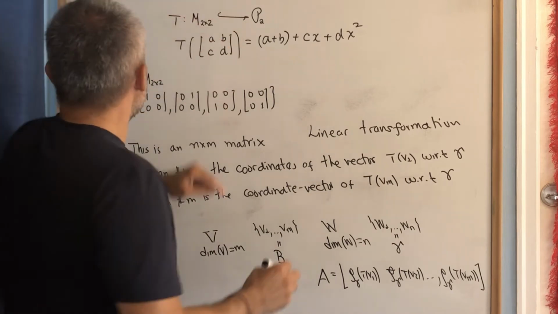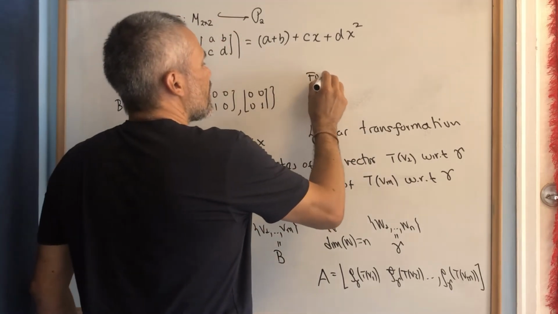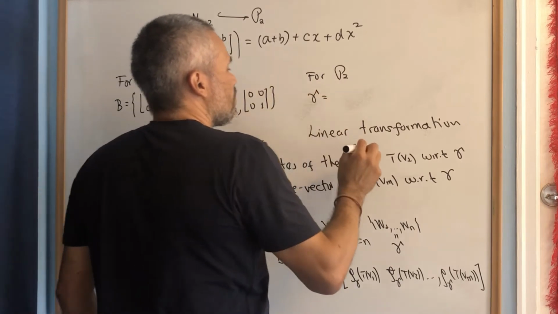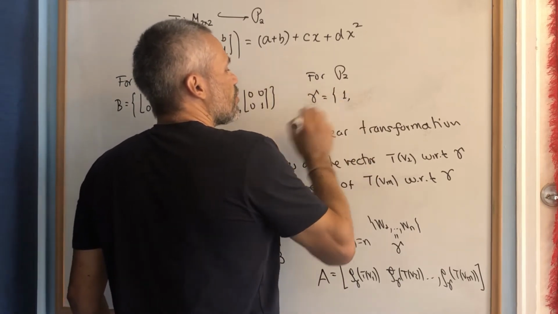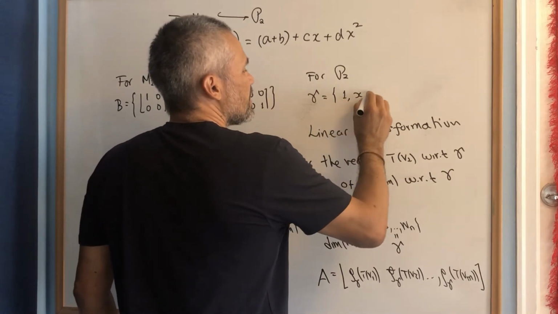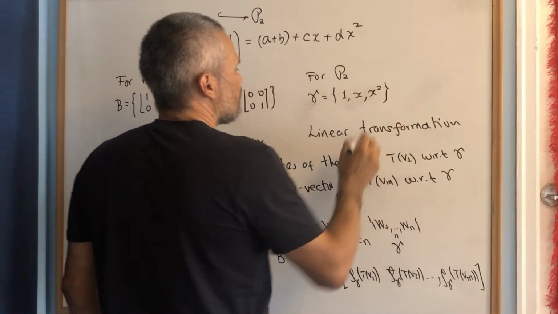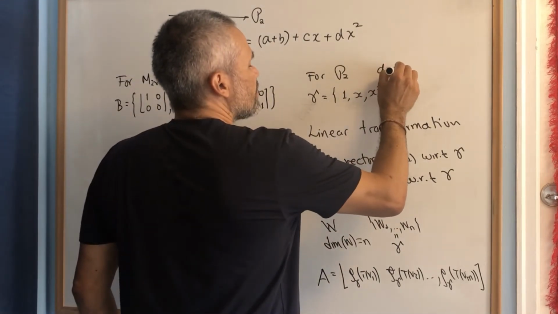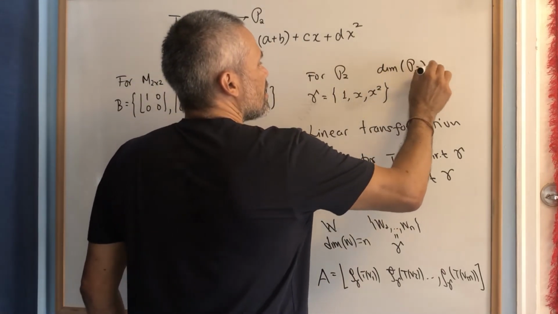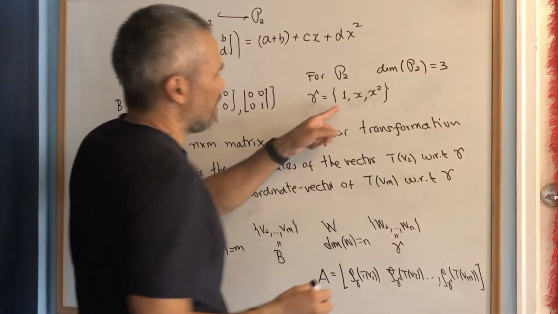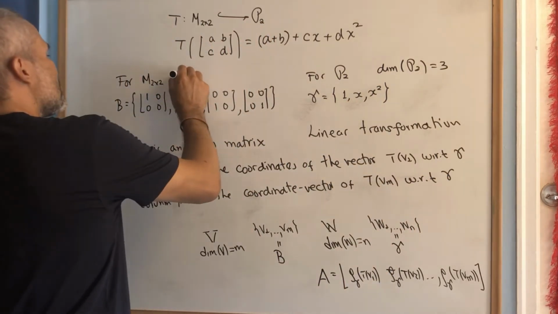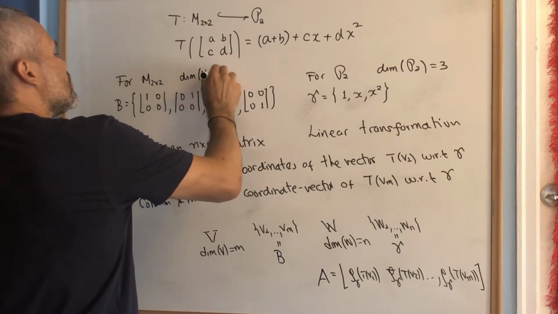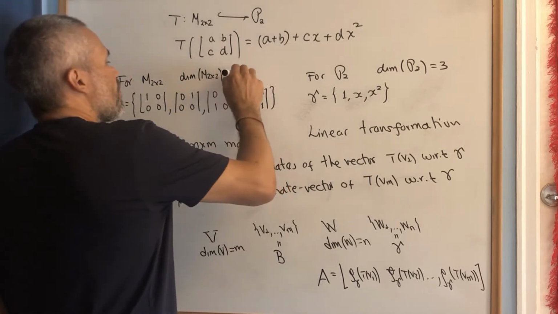And for polynomials of degree 2 or less, I'm going to pick the basis gamma equal to the constant polynomial 1, the polynomial x, and the polynomial x squared. Notice that the dimension of P2 is 3, which is the number of elements in a basis, and the dimension of 2 by 2 matrices is 4.